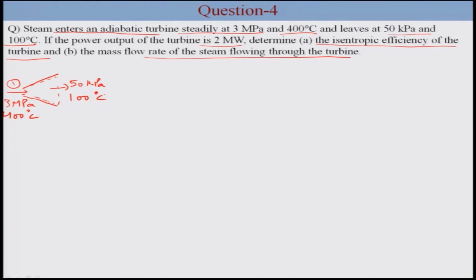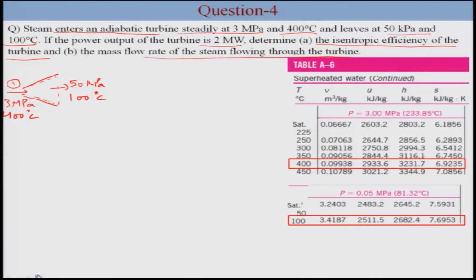Now, state 1 is a superheated state. So, if we see from the steam table for superheated water at 400 degrees Celsius and 3 megapascal, H1 is 3231.7 and S1 is 6.9235.